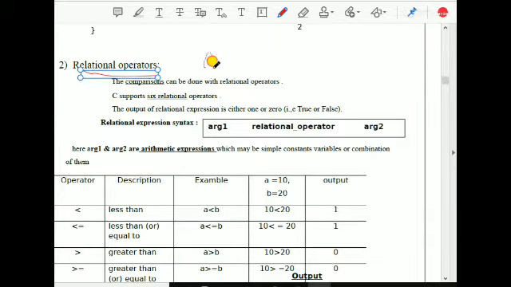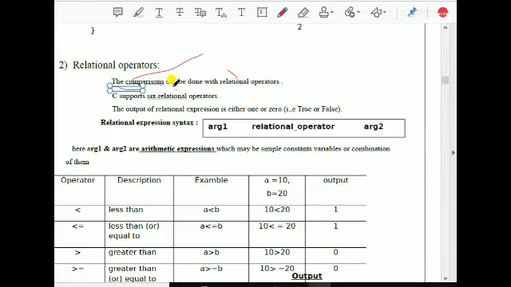Second one is relational operator, after arithmetic. C A R, so after R means relational. Relational operator is nothing but it will show the relation between two things. Like the comparison can be done with relational operator. You can write this also, or you can write that.